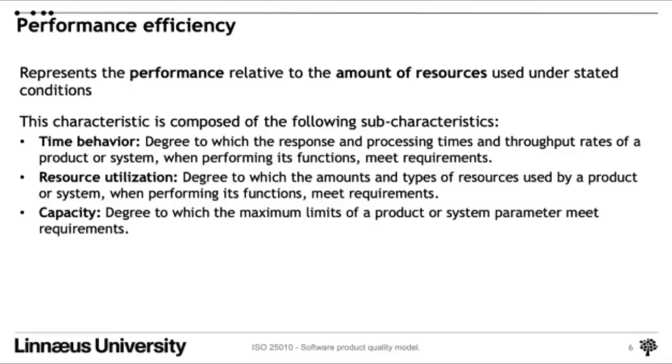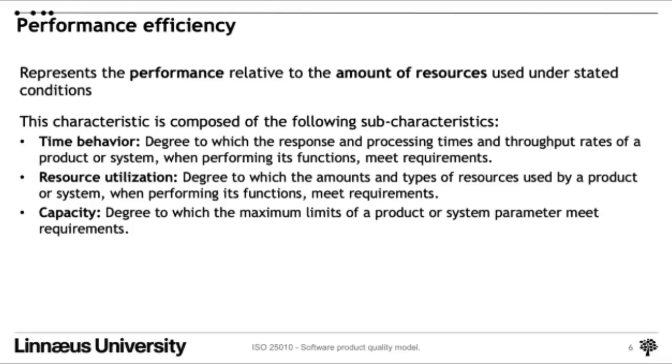Then you have to measure the response time, processing time, and throughput. If these measurements meet your expectation, then you're okay. If not, then maybe you need to revise the design and the implementation of the software.